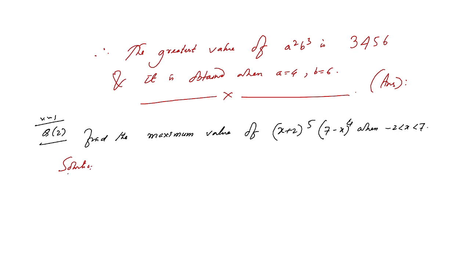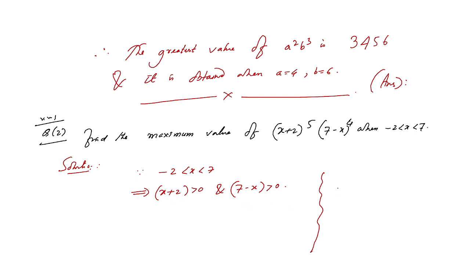So here the solution is, since it is given minus 2 less than x less than 7, from that we can write x plus 2 is greater than 0 and 7 minus x is also greater than 0. So again we maintain the same rule. We need to consider two positive real numbers.